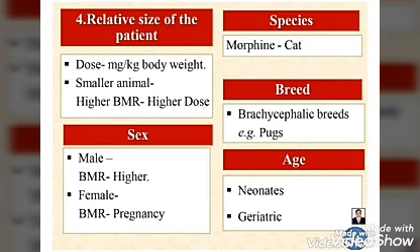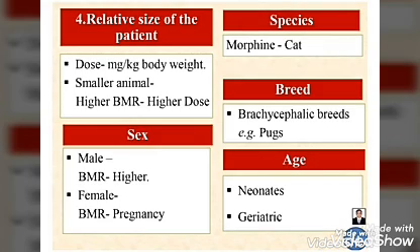When you give any anesthetic drug, it relaxes this elongated soft palate, and due to the relaxation it closes the opening of the trachea. So airway obstruction is most commonly seen in the pug.